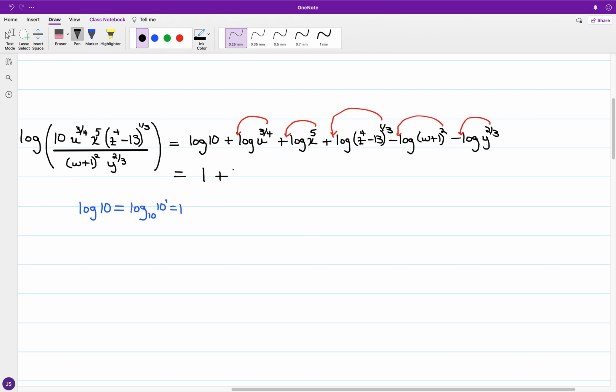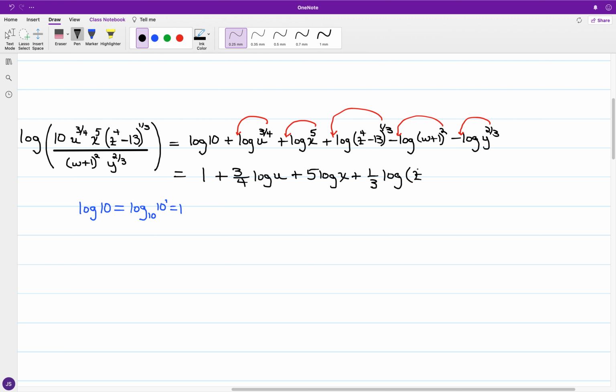And we have plus 3/4 of the base 10 logarithm of u, plus 5 times the base 10 logarithm of x, and plus 1/3 of the base 10 logarithm of z to the 4th minus 13.